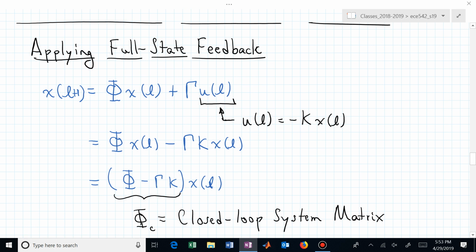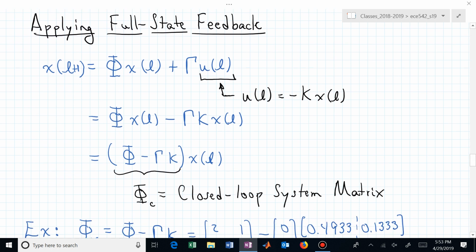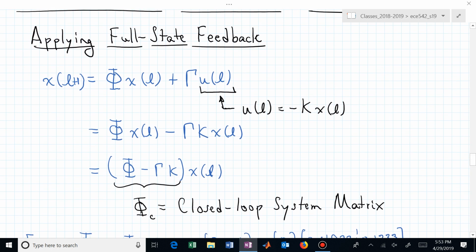How many more errors have I slid through or slept through? But that's now x at time L plus 1 is equal to phi x of L plus gamma u of L, or plugging in u of L is equal to minus k x of L.